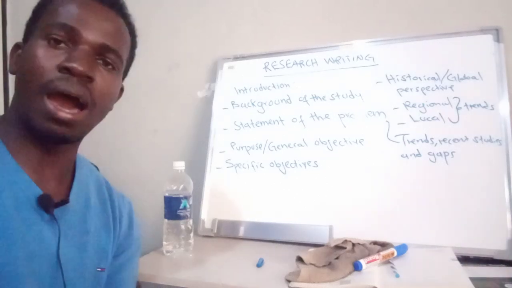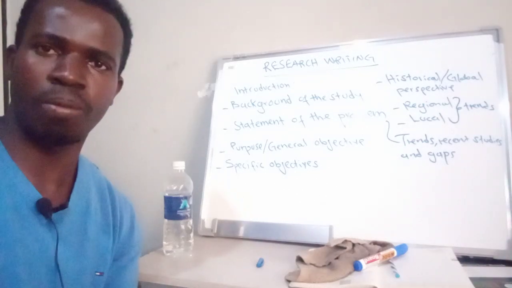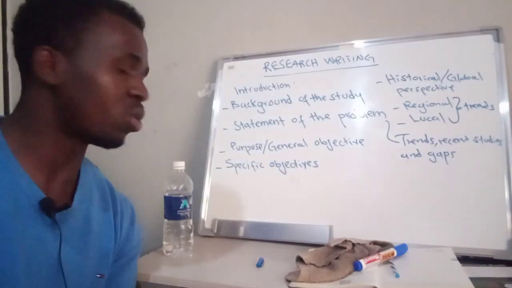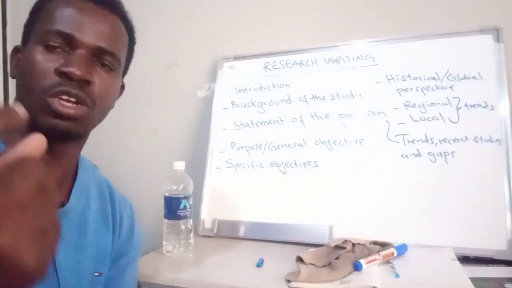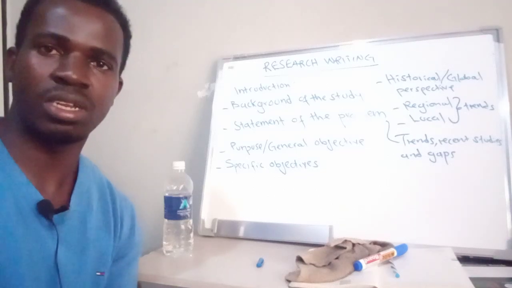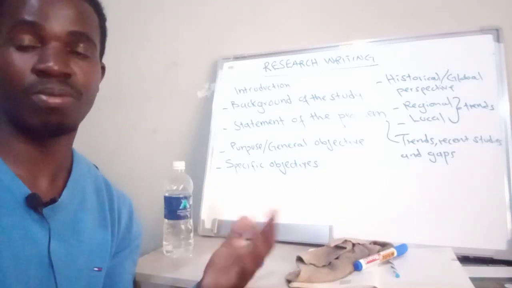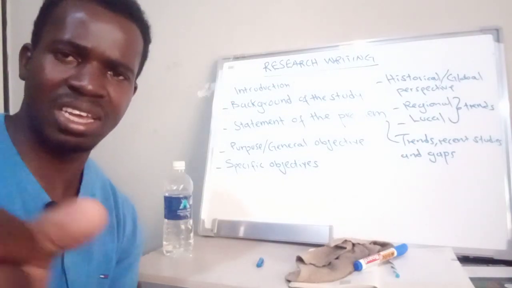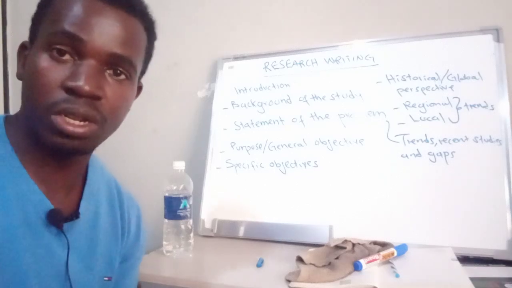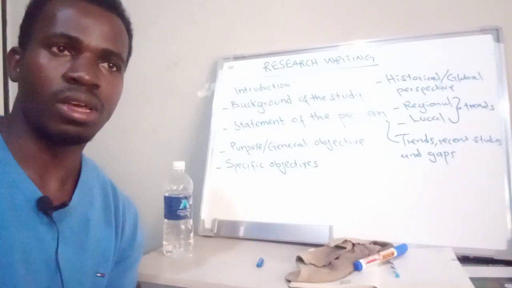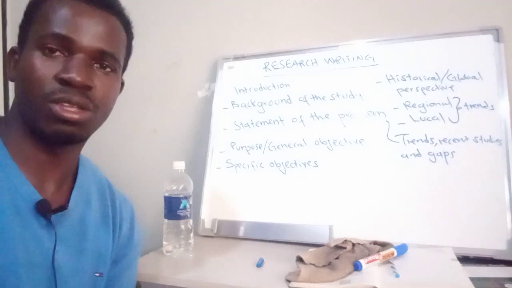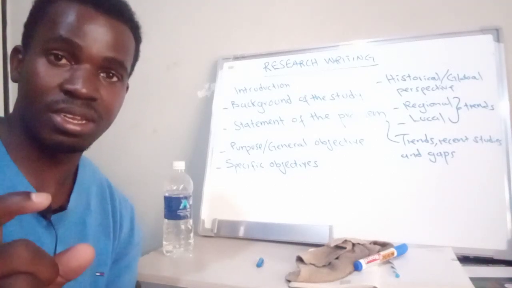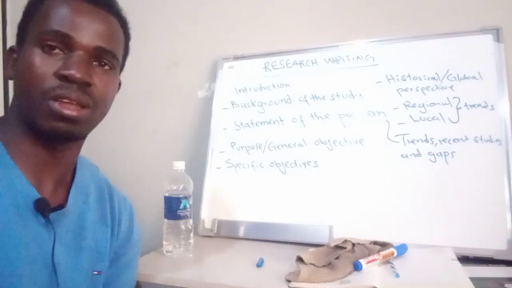Then, after you have formulated your statement of the problem, you can now look at the purpose or general objectives. For some, a purpose of the study is more than enough. Others would go for the general objective. These will come from the title itself that you have formulated. You get the general objective or purpose from the title.